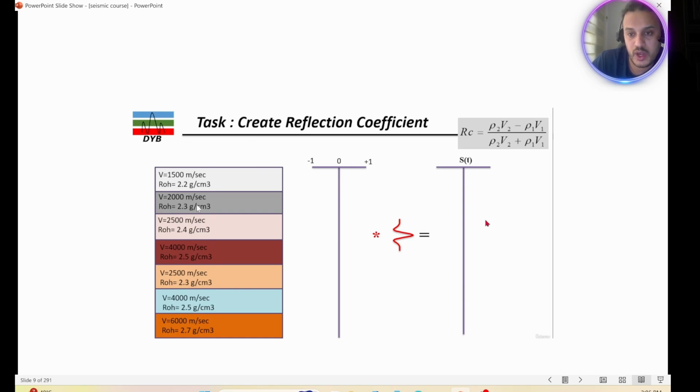So when you subtract the acoustic impedance 2 minus acoustic impedance 1, and then you add them, you will get either a positive or negative reflection coefficient.